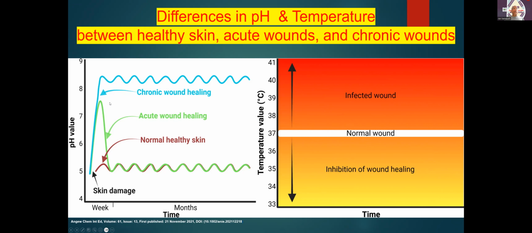Unless the pH of the wound starts to slowly go down, the wound will not heal. Also, obviously, when the wound is infected, the temperature of the wound bed also goes up. So we need pH detection techniques and different pH-based sensors, wherein pH is nothing but potential of hydrogen.